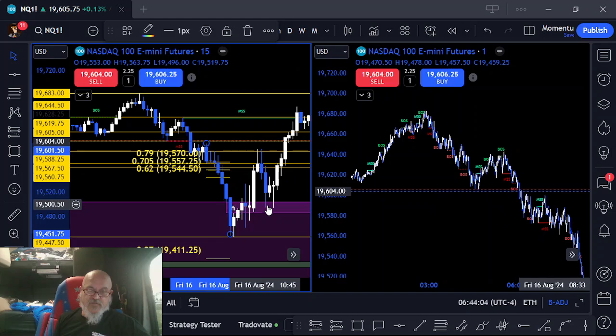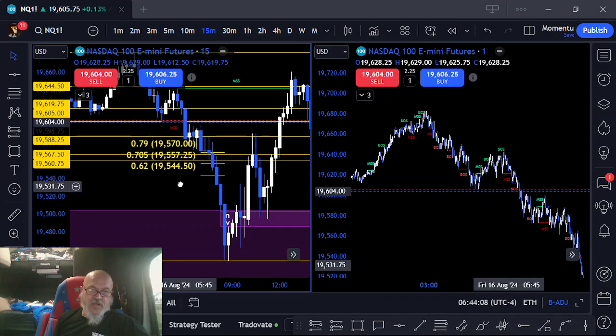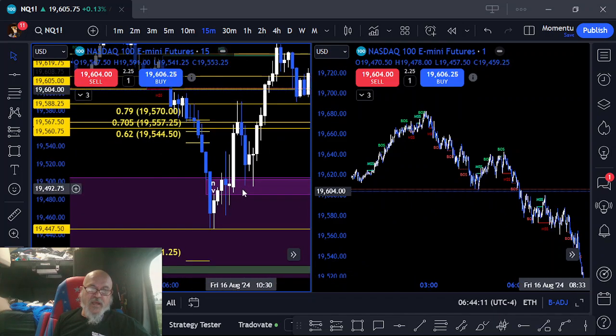And I was in profit. Again, the same thing happened. We came back down into this inverted fair value gap, and I wanted to see if it would get broken to come down to this target profit, but it pulled back. Then the next candle started to go down and again made a flat bottom reversal.